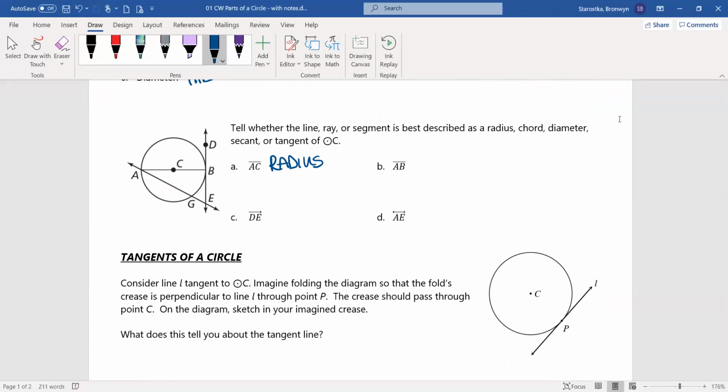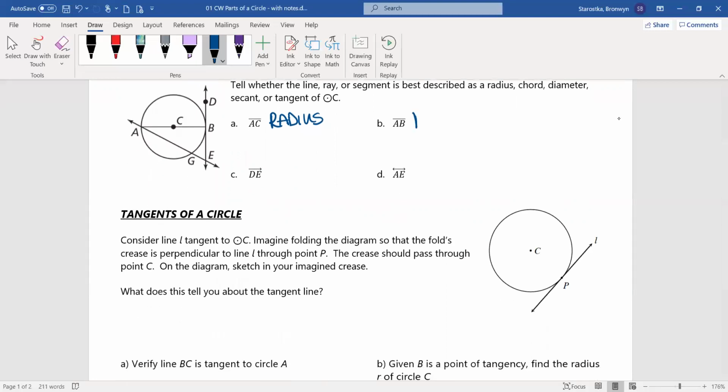AB, you can call two things. You could call it a chord, but it's best described as the diameter, because it's a very specific kind of chord.